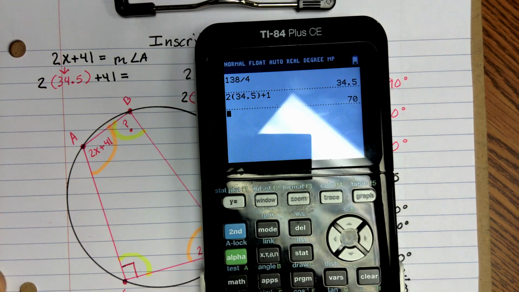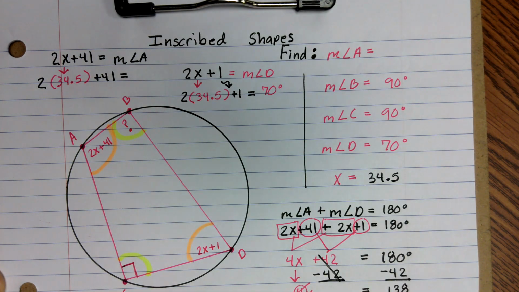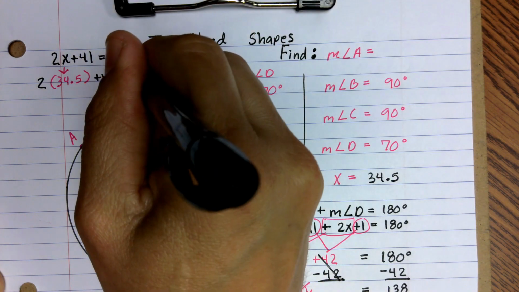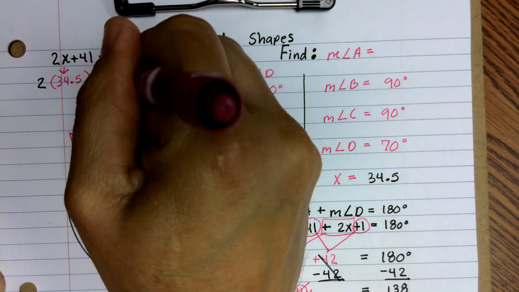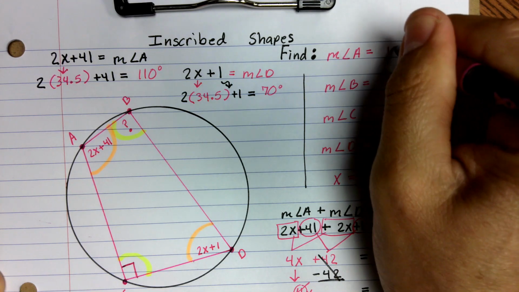So I'm going to take my calculator and do 2 parentheses 34.5, and then plus 41. And it gives me 110. So it's 110 degrees.